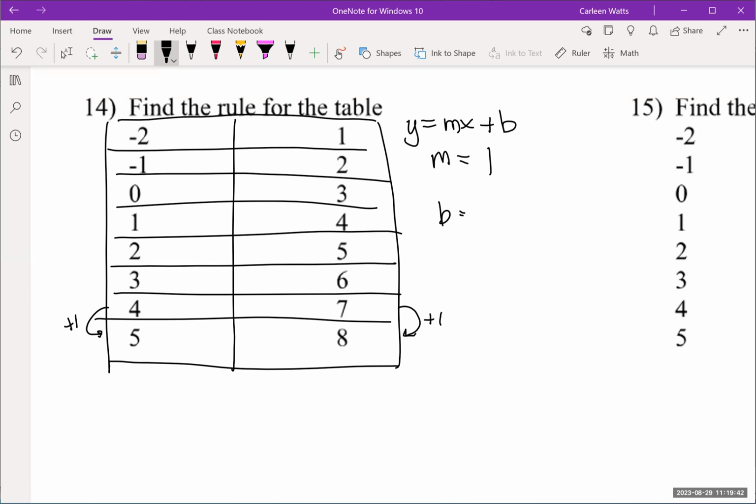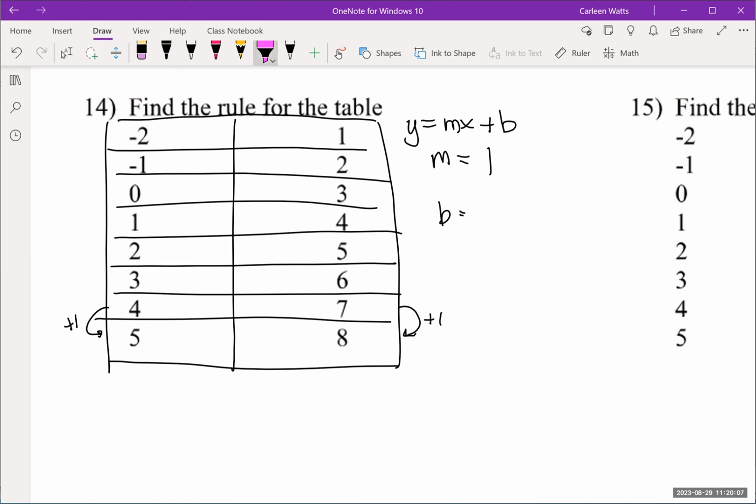Now, B, we do not have to plug X, Y, and M in to solve for B because B is right there in front of our eyes. Point to B. Yeah, do you see it? Yep. How do I find B? What is the X value to find B? 0.